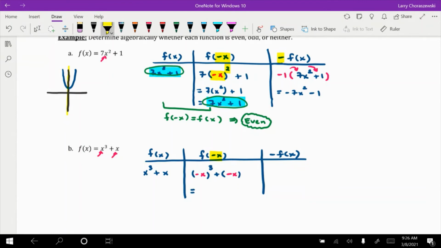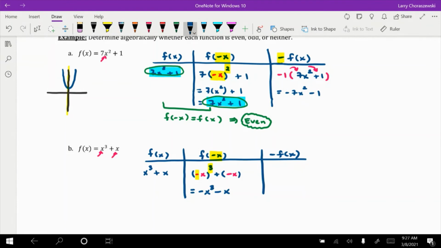Now, when we raise a negative expression to an odd power, it remains, I'm sorry, it remains negative. So there are three negatives getting multiplied together here, and the end result would be negative, in particular, negative x cubed. And then I'm just going to rewrite the last part of the expression with direct subtraction.